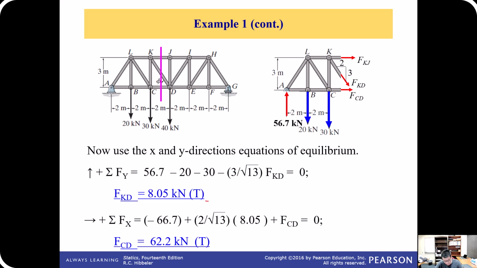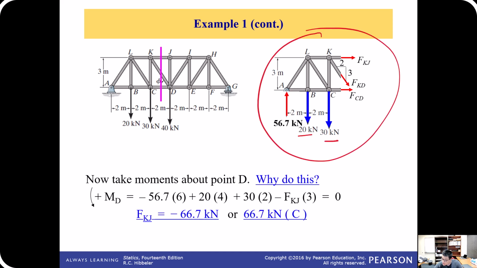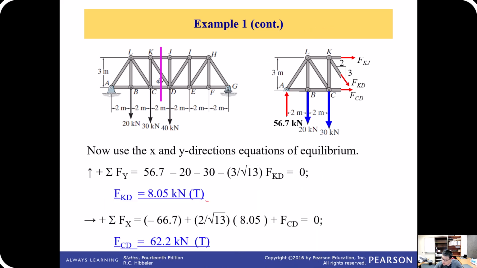At this moment, we have already solved FKG, FKD, and FCD, and we know both the magnitude and whether it's a compression or tension. In your homework and your exam, please don't forget to put a parenthesis to indicate whether this force is a tension or compression.